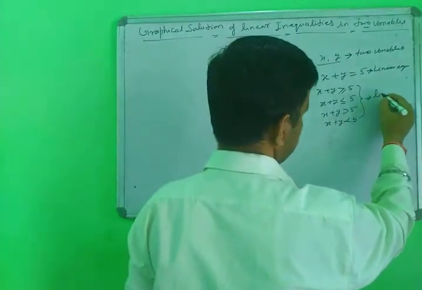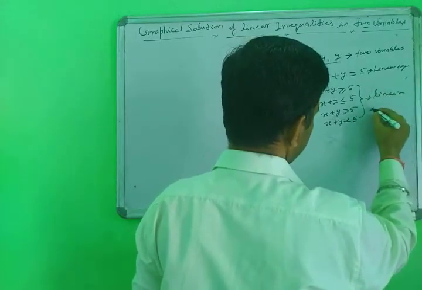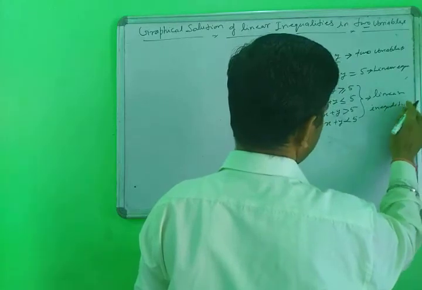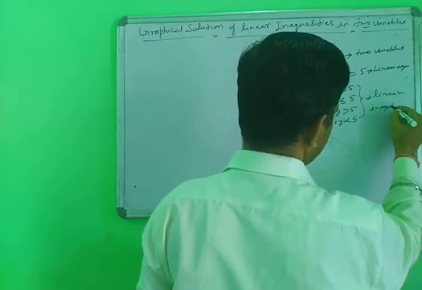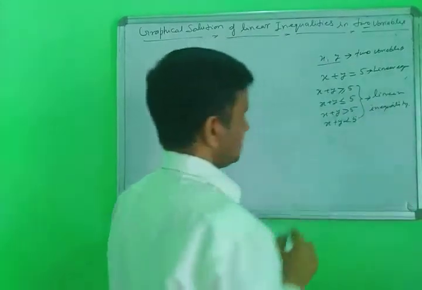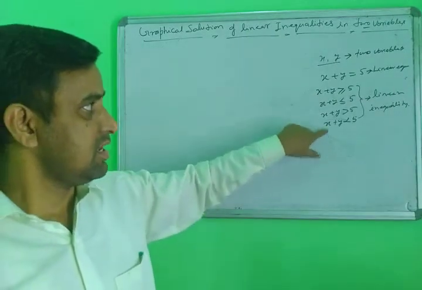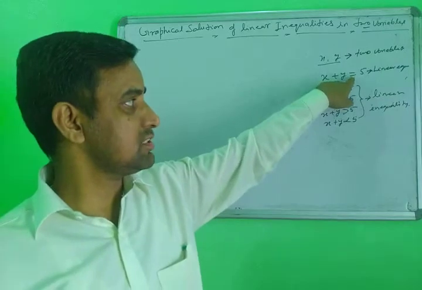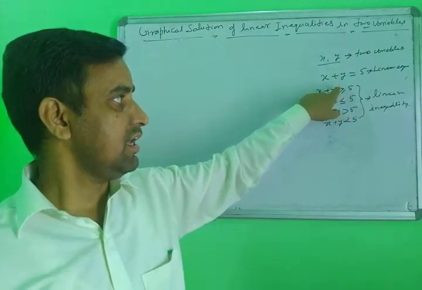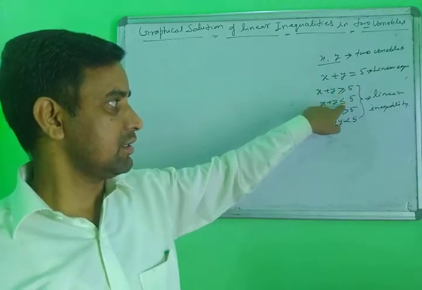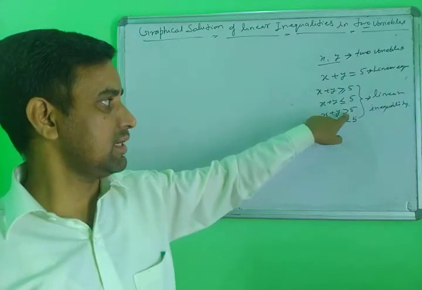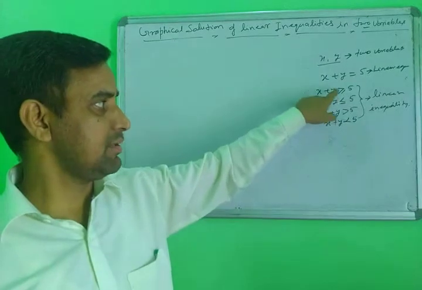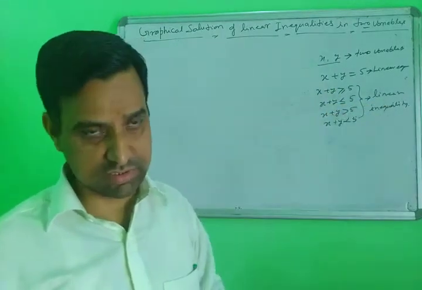In an equation we use the equal sign. Here we use the signs less than, greater than, equal to, less than or equal to, greater than and less than. If an expression has any of these symbols, it is called a linear inequation.